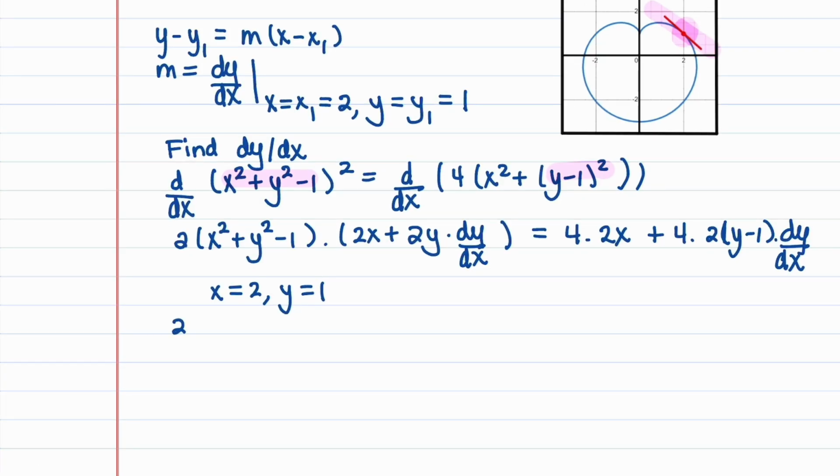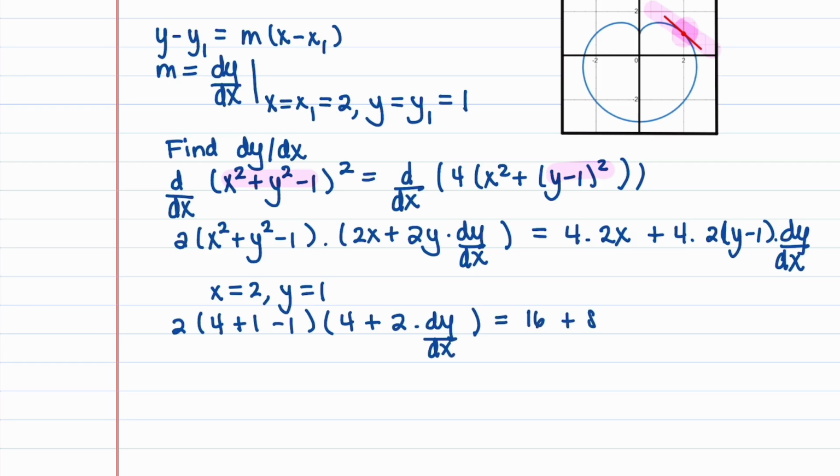So we have 2 times 2 squared, which is 4, plus 1 squared, which is 1, and then minus 1. And then we have 2 times x, so that's 4, plus 2 times y, which is 2 times dy dx. That's what we're solving for. And then on the right, we have 4 times 2, which is 8, times x, which is 8 times 2, so we have a 16.